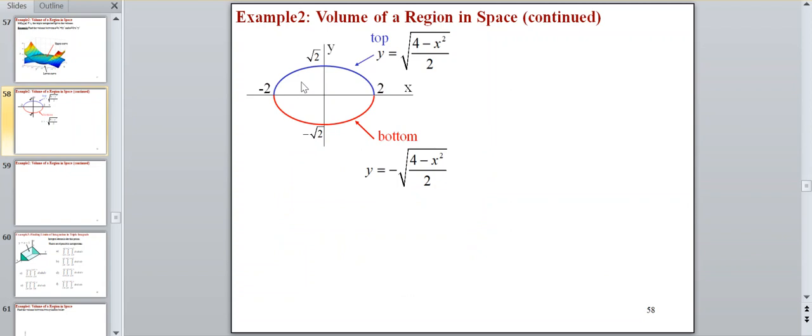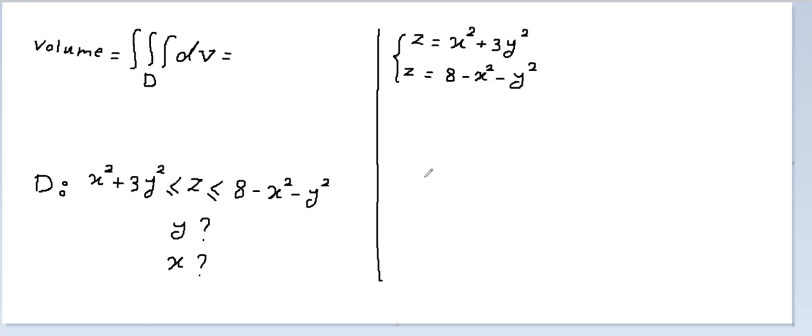Now you may wonder how we get the equation of this ellipse. I'm going to explain. We have to solve this system, because that ellipse is the intersection of these two surfaces.